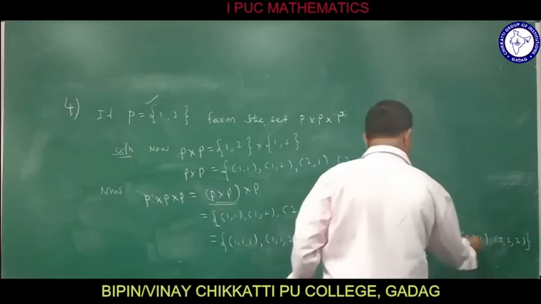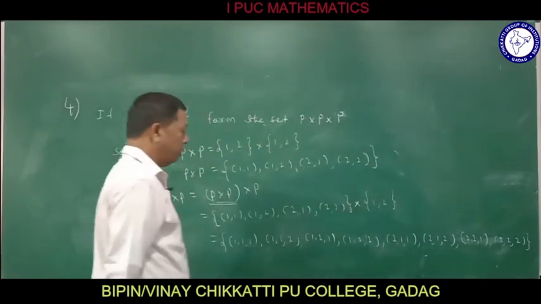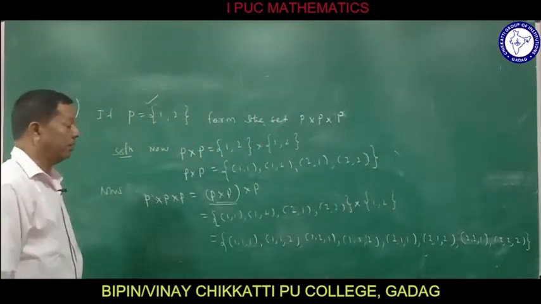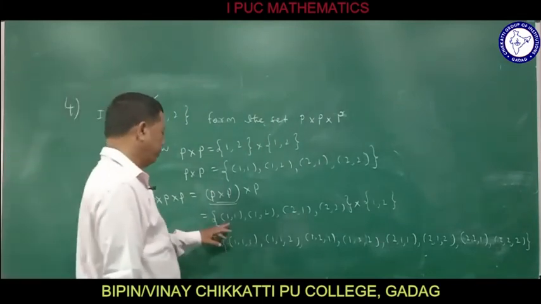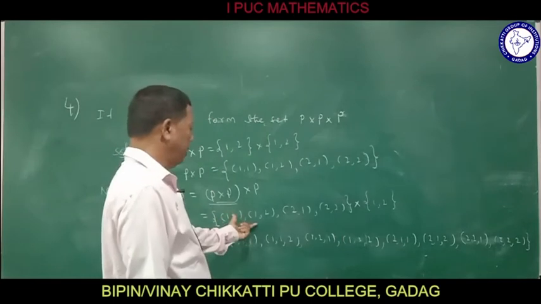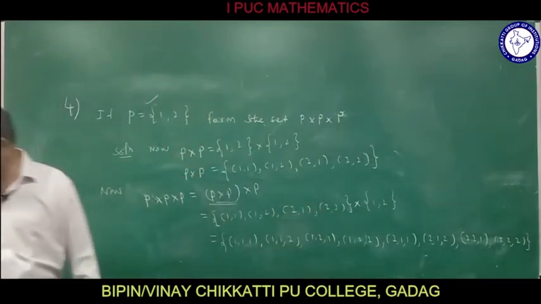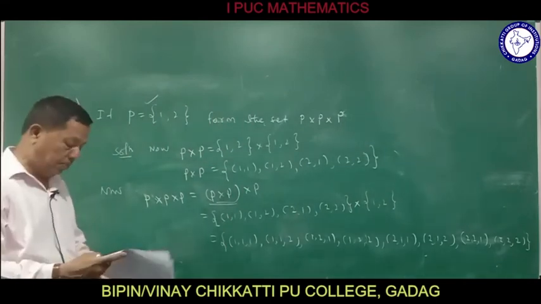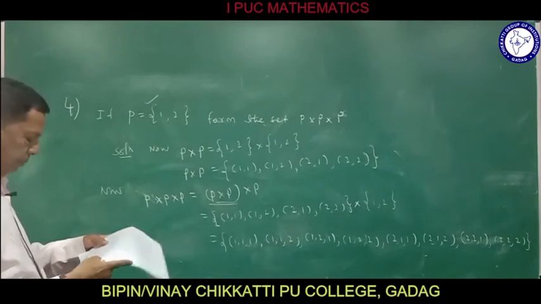See, 1 2 3 4 5 6 7 8. See how you have got this ordered triplet. I have told you how you have written this: first A cross A, then A. So this is the way you have got the ordered triplet, and accordingly you can see the answer here.